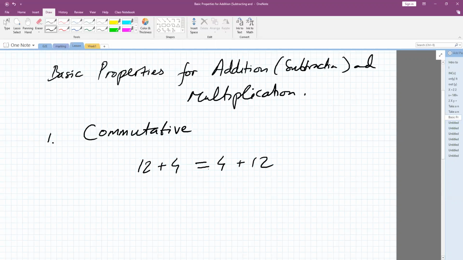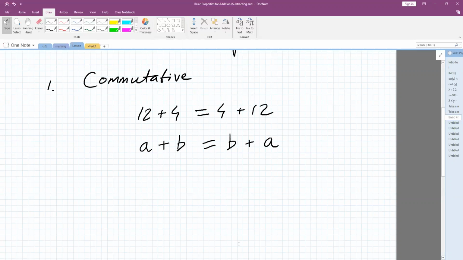Now, when you have, for example, two numbers, let's say A, you add with the second one B, so that's also equal to B plus A. Now what about multiplication?